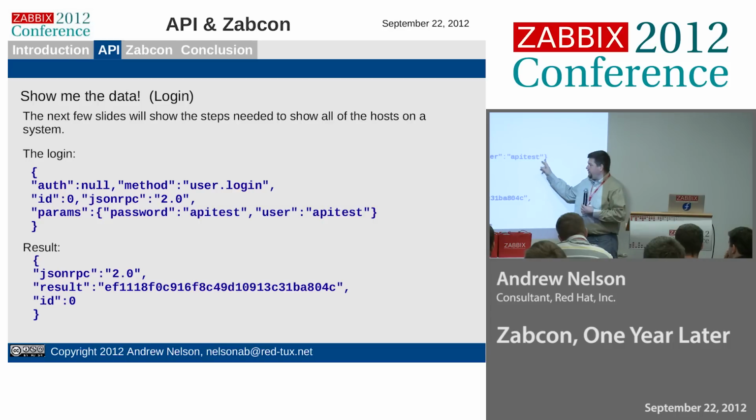As you can see inside the params, those are hashes. A hash is basically what a JSON object is, and then we get back a result. It's following the JSON 2.0 spec, and the result is here. Now this is our session key that we're going to use from here on out inside of the auth field above.